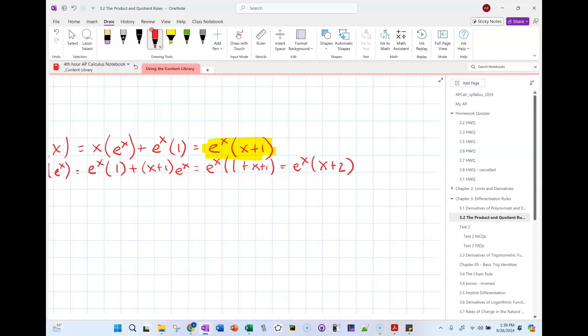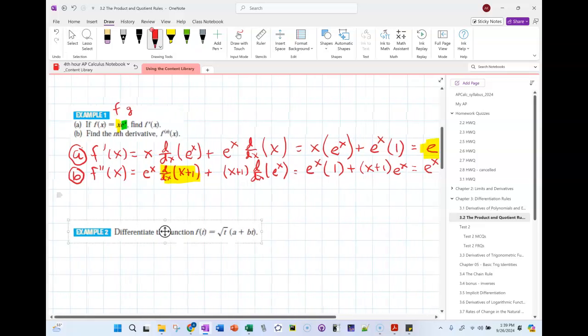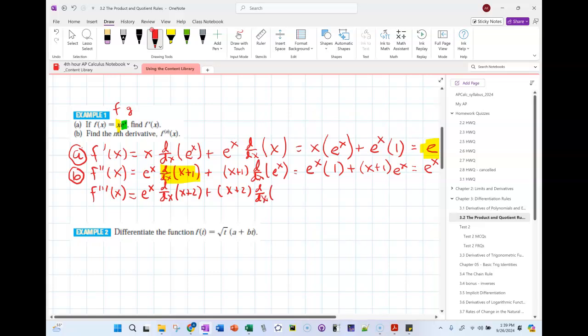Do we see a pattern happening here so far? Maybe, maybe not. Let's do one more then. So again, f times the derivative of g plus g times the derivative of f.